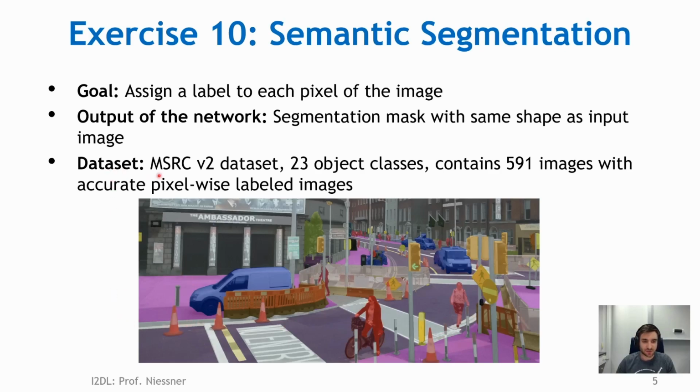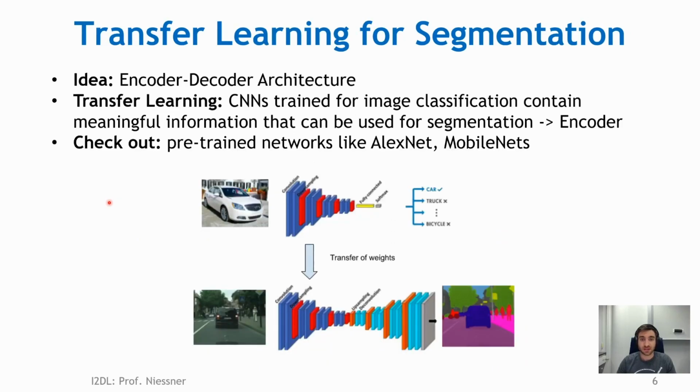Here we provided you with a small data set, which contained 23 classes and nearly 600 images with segmentation ground truth information. Because the training set is pretty small, we also wanted to introduce the concept of transfer learning and apply it to this exercise. So the idea for semantic segmentation usually is that you have an encoder-decoder structure.